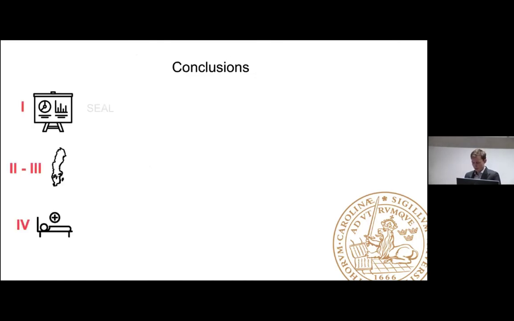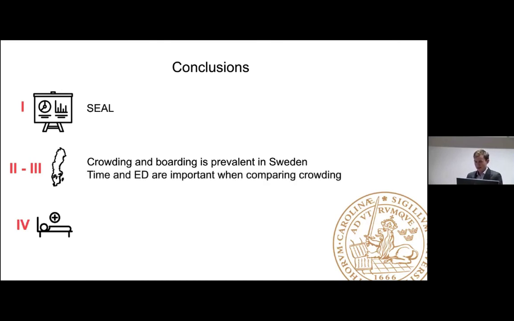So to conclude, from the first study, we proposed a simple metric, the SEAL model, to measure crowding in Sweden. And in the second and third study, we could show that crowding and boarding was indeed prevalent in several emergency departments in Sweden, and that time and ED factors, so both the circadian distribution and differences between EDs, are important when comparing crowding between institutions.